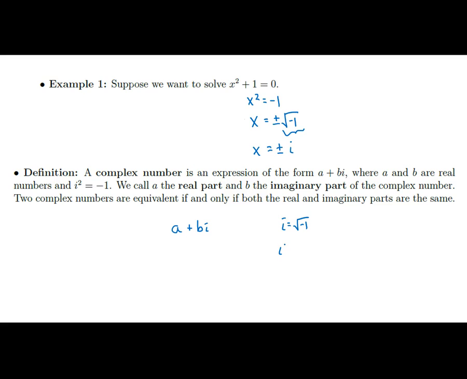And so therefore i squared is going to equal -1, because if you square a square root, they essentially cancel each other out. And so i squared is -1. And then lastly, when we want to talk about two numbers being the same, we say that two numbers are equivalent if and only if both the real and imaginary parts of that number are the same.